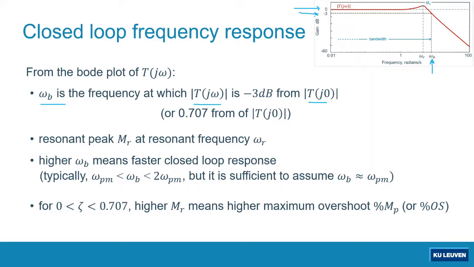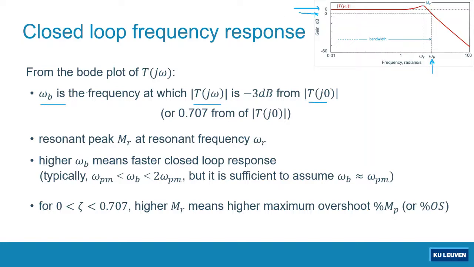Okay, so from there we can easily identify the bandwidth frequency mathematically. Resonant peak, on the other hand, resonant peak MR is the magnitude value at the resonance frequency omega r.